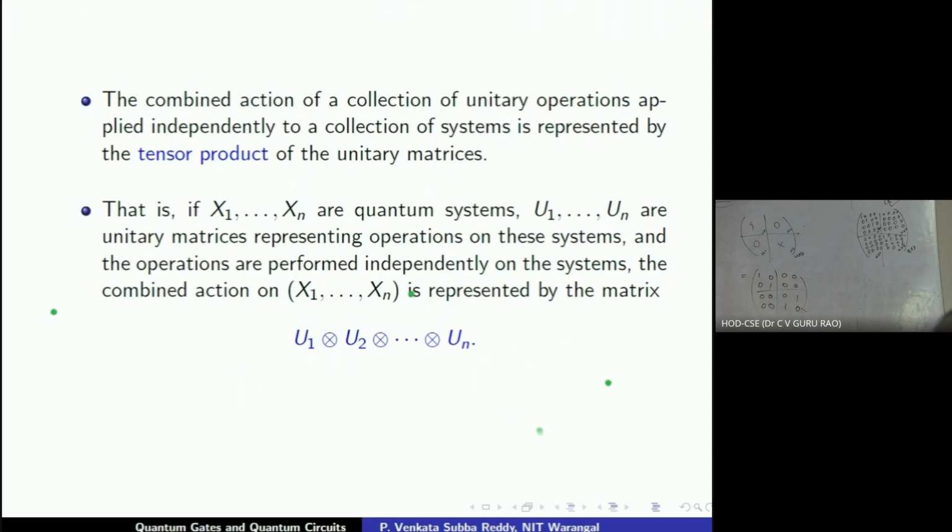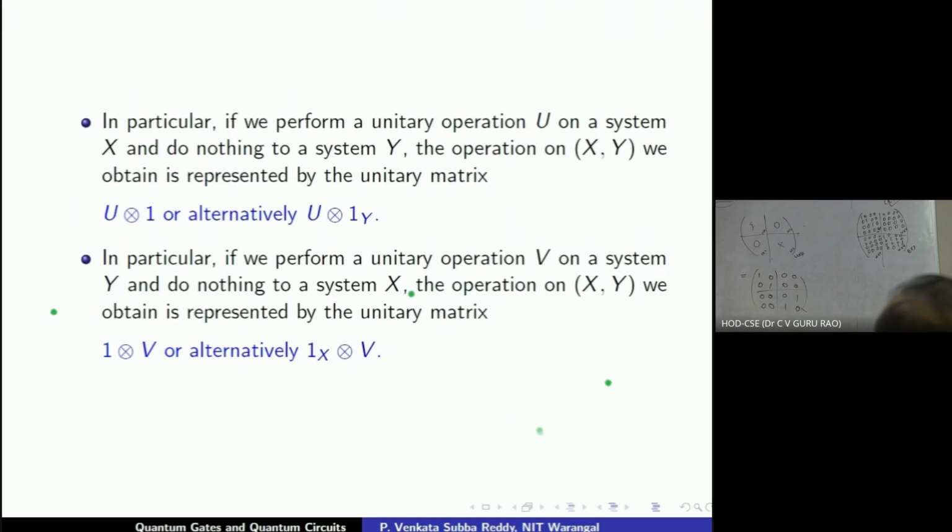Next, sometimes I have 2 systems and I apply a gate only on the first system, performing some operation there and nothing on the second. It is like I have a circuit where I apply a Hadamard gate here, and here I don't apply anything. Here I apply an X gate.